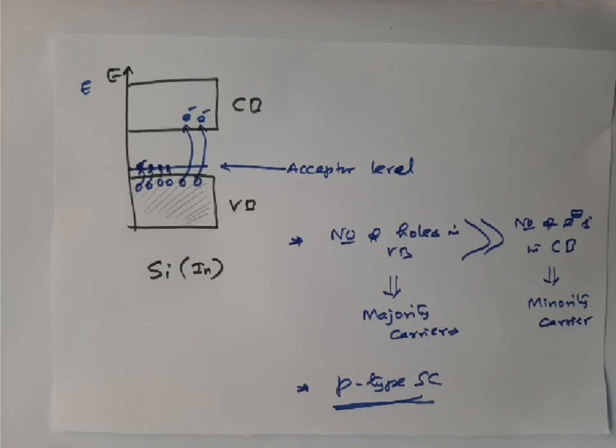In the next class, I'll give you the applications of semiconductors. What are the applications of n-type and p-type semiconductors? When you join an n-type with a p-type, we can also connect like this. You take an n-type semiconductor and a p-type semiconductor and join them. Just for understanding purposes, I am saying simply join them.